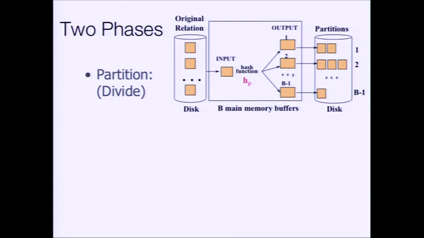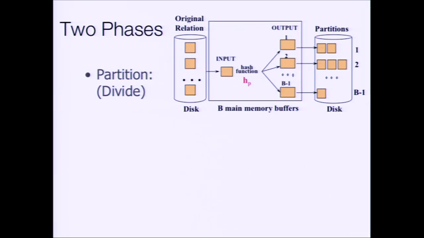All right. We'll look at a picture of it. So here's the first phase. The original relation, the original data set, is some number of blocks in some order. We don't know what. We use one input buffer to read those blocks off the disk, 64K at a time. For each tuple in that input buffer, we have a hash function doing that streaming thing. And for each tuple, it decides based on H sub P which of the B-1 output buffers, all the rest of memory, it belongs to.